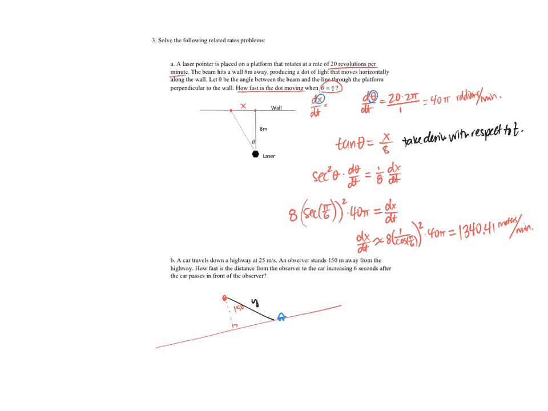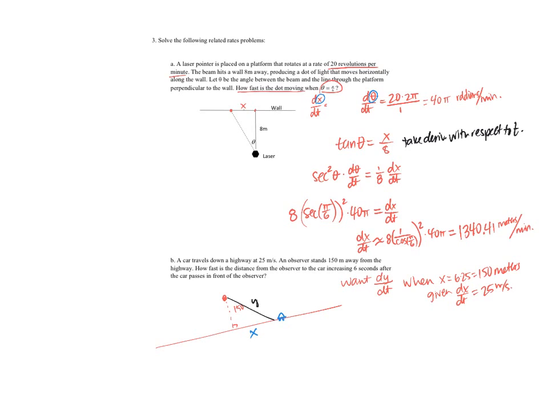If the car is traveling at 25 meters per second, we want to find dy dt when, and we'll call this distance x, x equals 6 times 25, which is 150 meters, given that dx dt is equal to 25 meters per second.